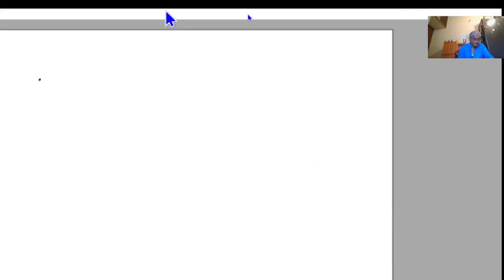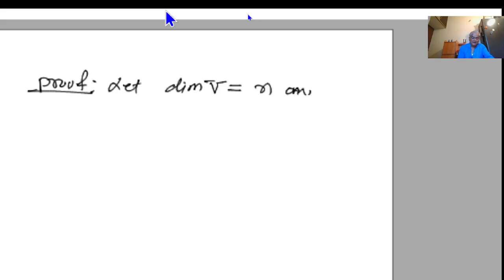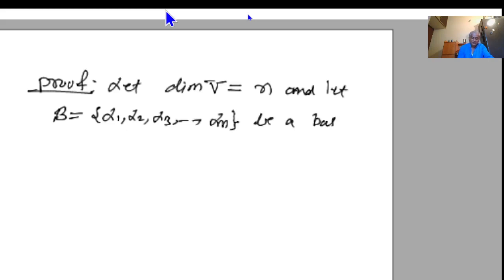So here, let the dimension of V be equal to, say, n, and let B equal to, say, alpha 1, alpha 2, alpha 3, ..., alpha n be a basis of the vector space V. Okay, this is the basis, meaning this must consist of n elements.